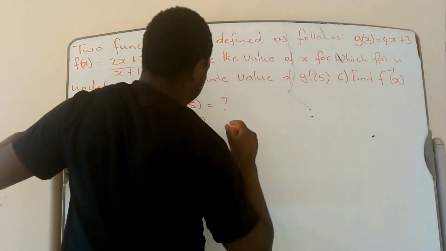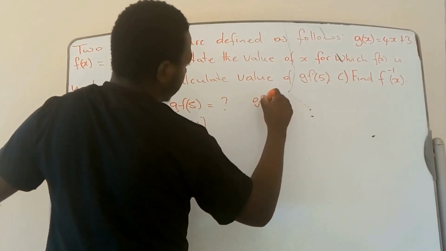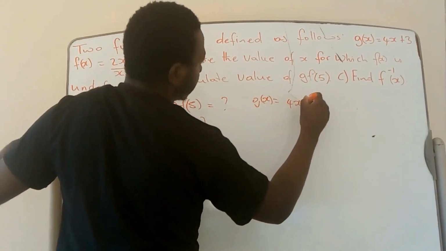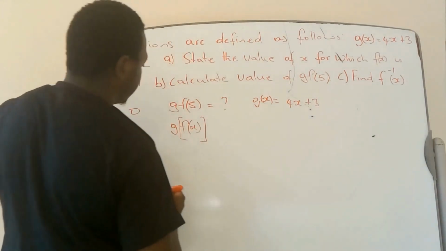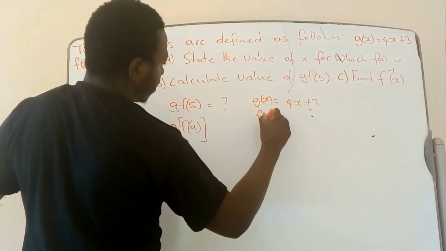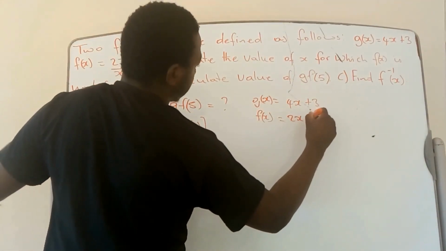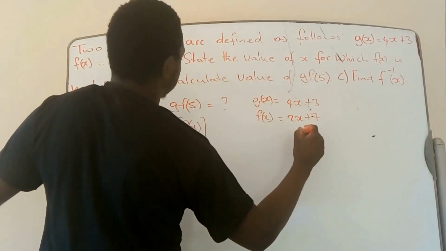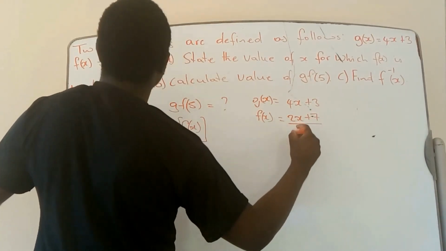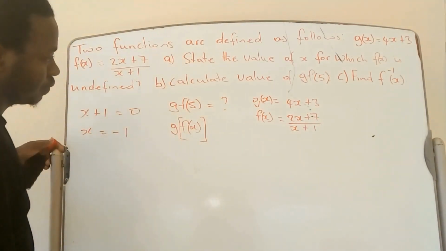G of x is just equal to 4x plus 3, right? And we know that f of x is just equal to 2x plus 7 all divided by x plus 1, right?